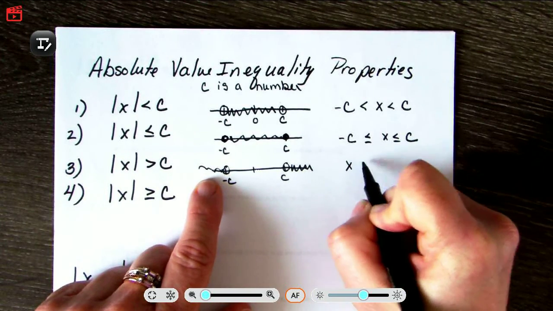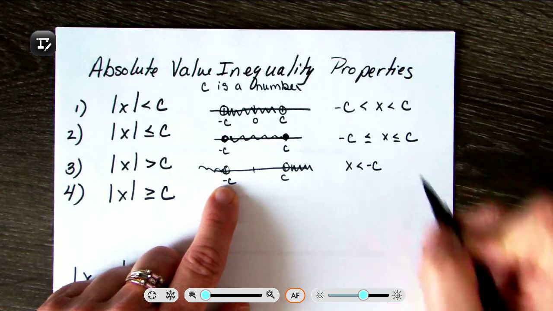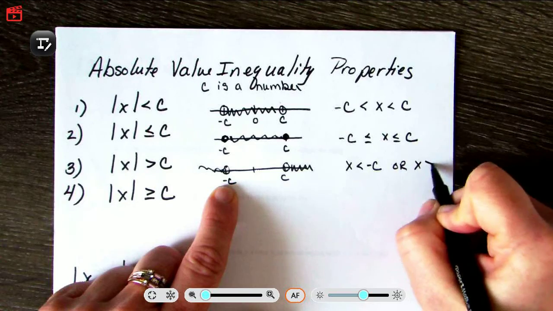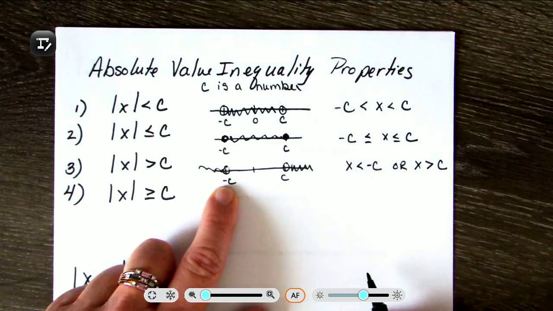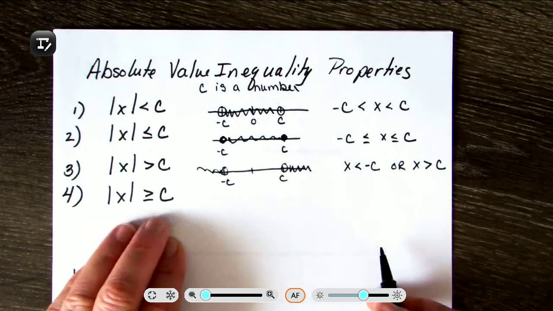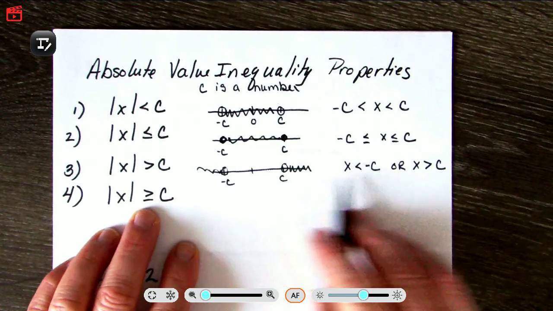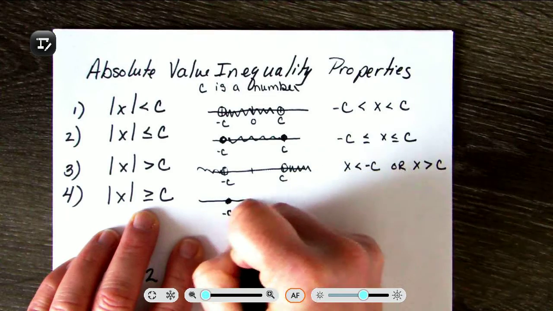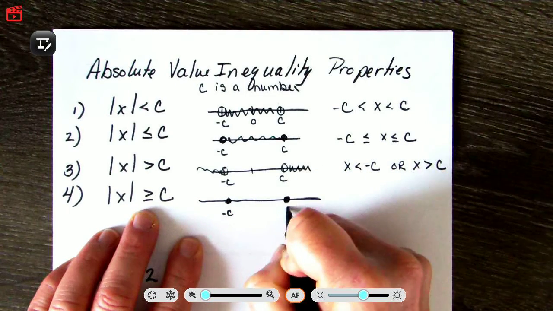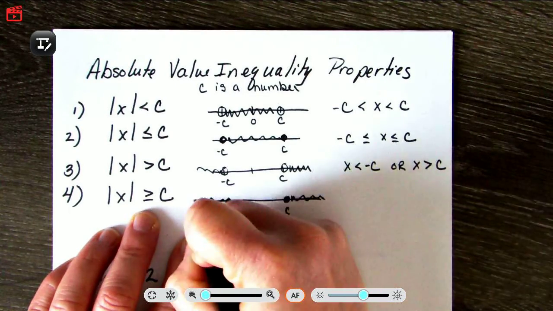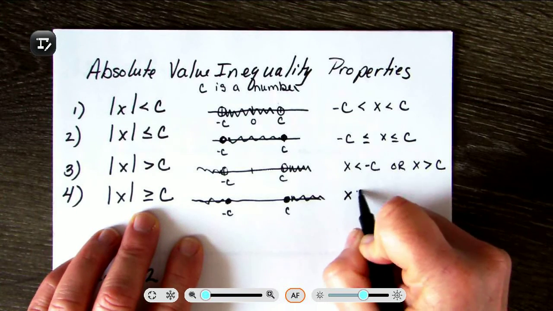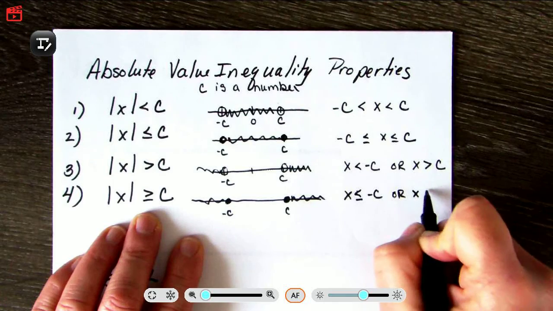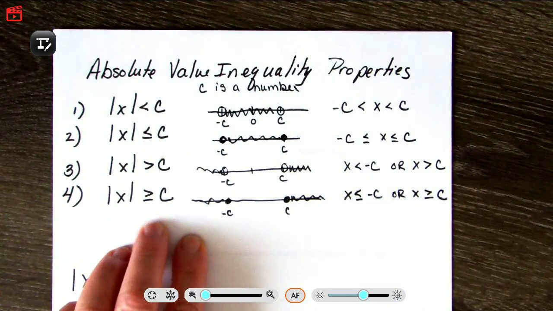Either x is smaller than negative c, or x is greater than that positive portion. If we have the equality, we're simply going to add those c's into our solution. So x is less than or equal to negative c, or x is greater than or equal to c.